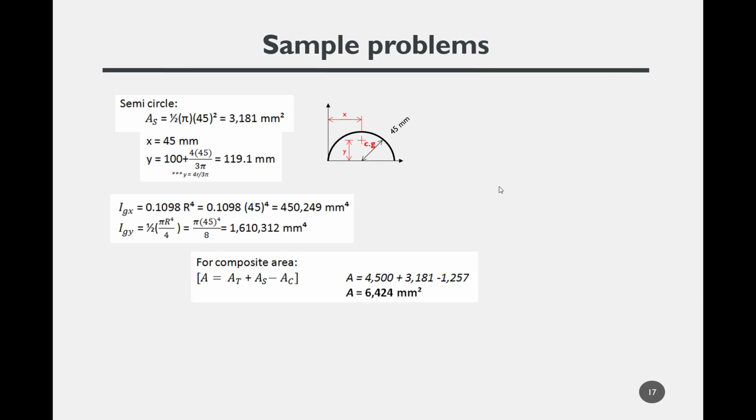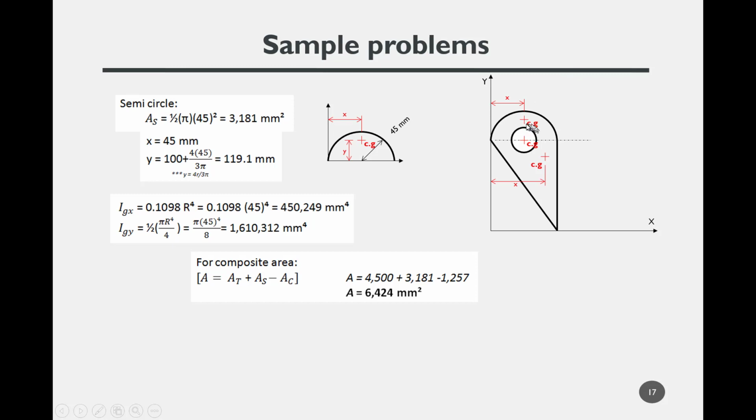So, we have 4,500 plus 3,181 minus 1,257. So, we have 6,424 millimeter squared. So, ayan, makita natin center of gravity. Center of gravity ng semicircle, center of gravity of small circle, and then center of gravity of the triangle.